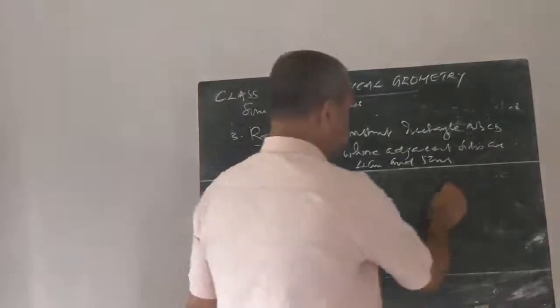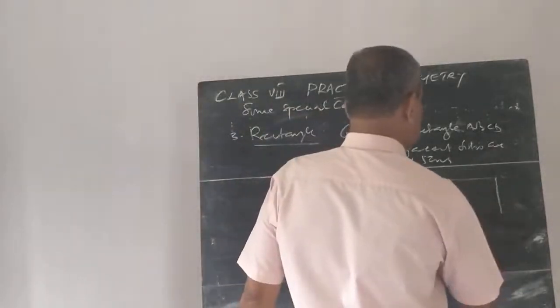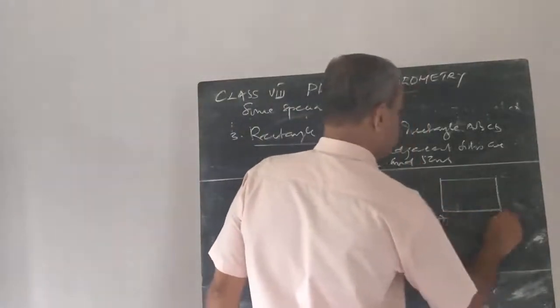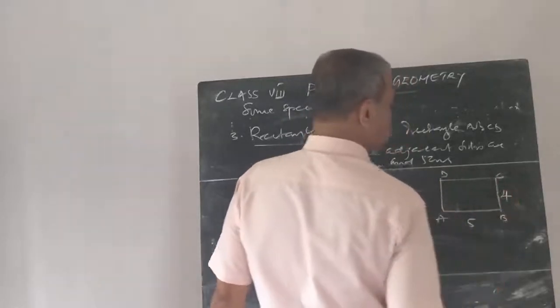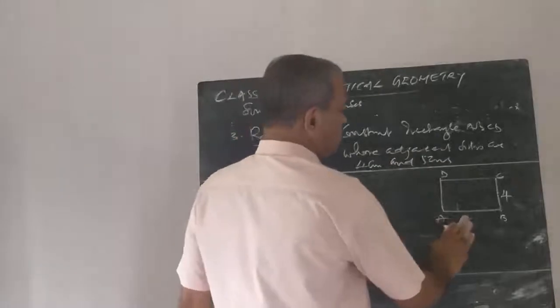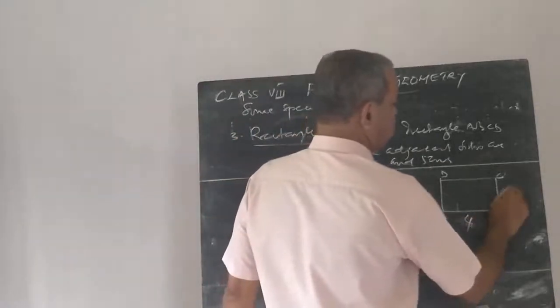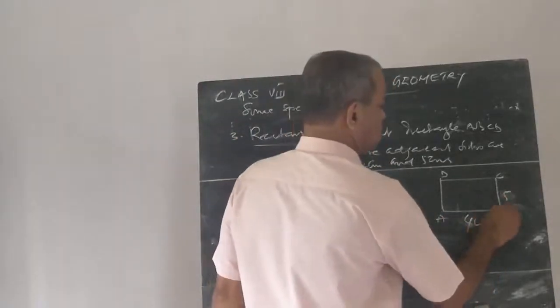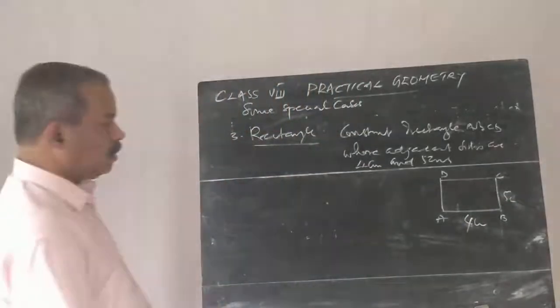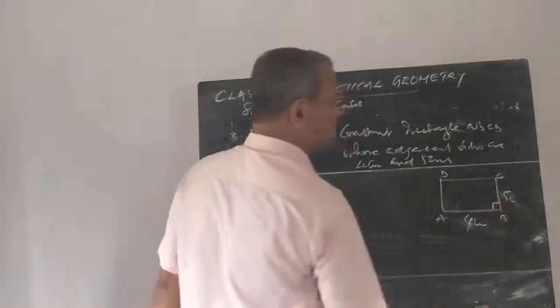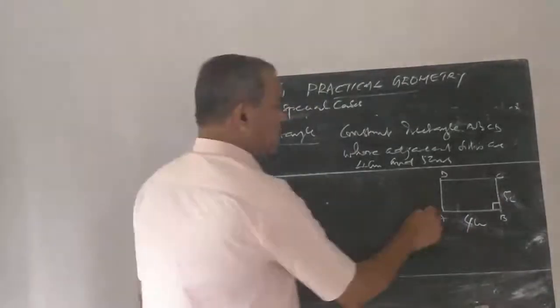Draw the figure, rectangle ABCD, 5 centimeter, 4 centimeter, whatever it is. Now we can make use of the property that all the angles are 90 degrees.